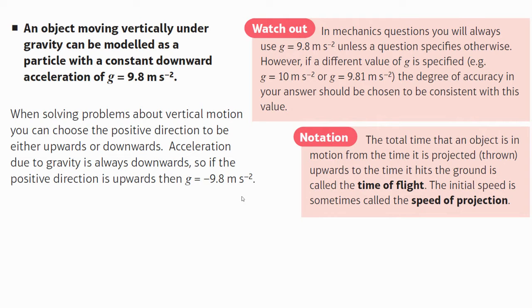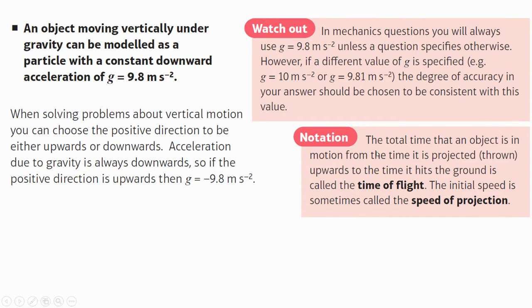It'll work out correct either way, but you've got to be consistent within a question about what's positive, and in different questions, different things will make sense. For instance, if something starts up high and gets dropped down, it makes sense to think about positive as downwards, but if something is thrown up, then it makes sense to think about positive as upwards.